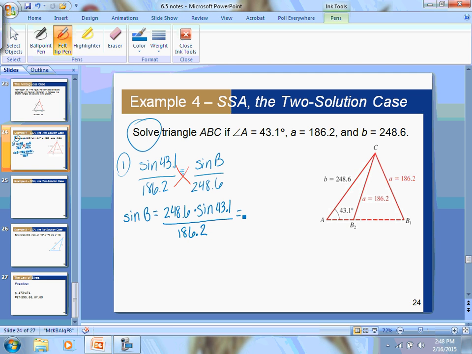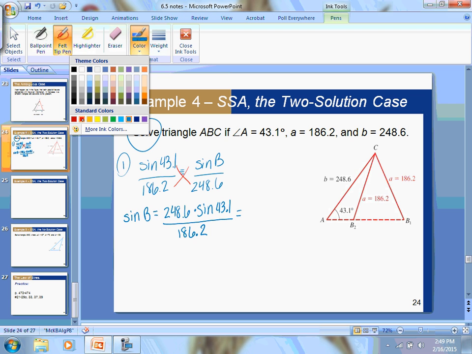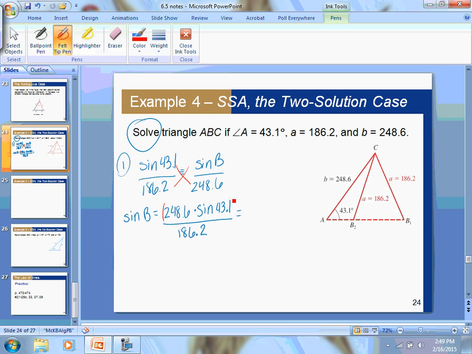When you type this into your calculator, do the 248.6 times the sine of 43.1, get an answer, then divide by 186.2. If you type it into your calculator in one big string, make sure you put the numerator and the denominator in parentheses. Otherwise, you might get the wrong answer. But you should get 0.9123. Again, we want our calculator to be in degree mode.